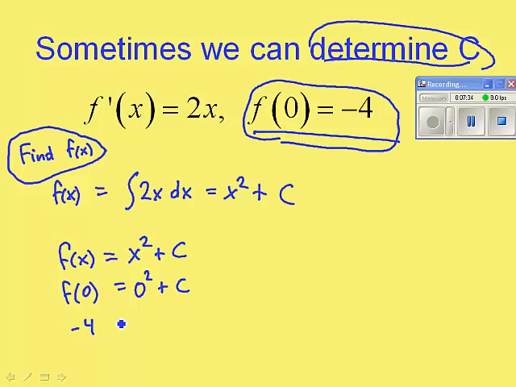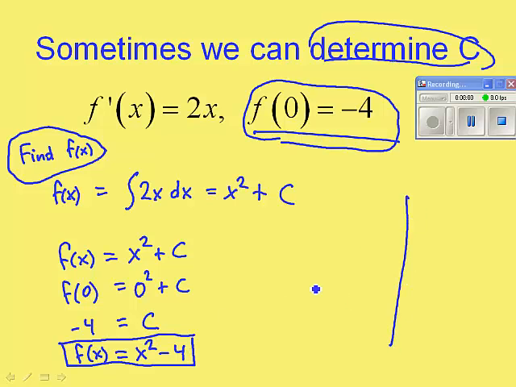So -4 is c. And so his final answer then is f of x is x squared, and then what will we write? -4. That's a bit fast, so I want to do one more thing with this.